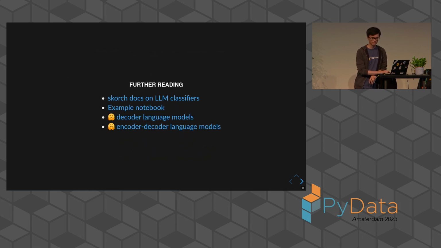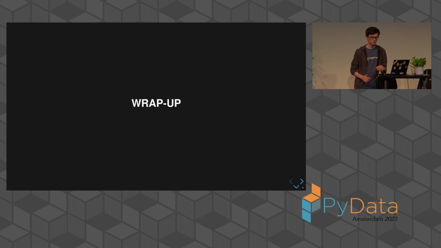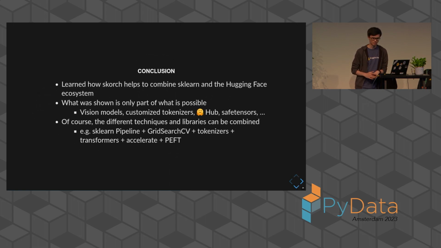OK, then some links. And let's wrap this up. So today we learned how we can use skorch to help bridge the gap between scikit-learn and the Hugging Face ecosystem. There's a lot more that I wanted to talk about, but I didn't have time. So check out the backup slides of this talk. So like vision models, you can customize your tokenizers in grid search, the best hyperparameters for them.